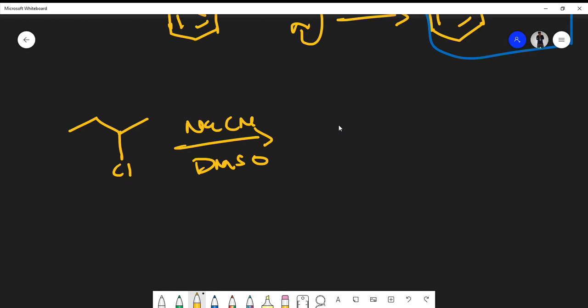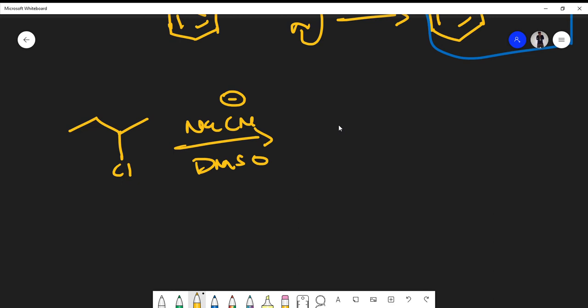Polar aprotic solvent favors an SN2 reaction. Now we know that sodium is positively charged, so it can never be a nucleophile, but cyanide is negatively charged, so cyanide is our nucleophile. So we have a strong nucleophile in the cyanide, and we're in a polar aprotic solvent, which also gives us the idea of SN2.